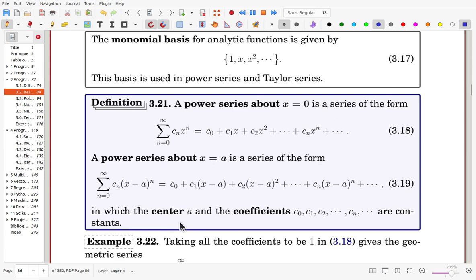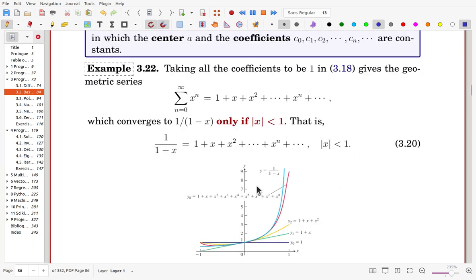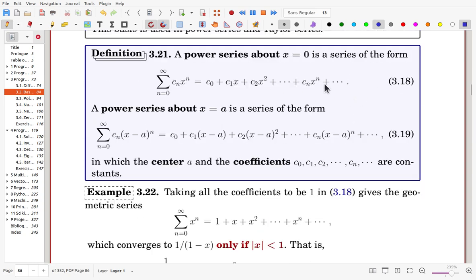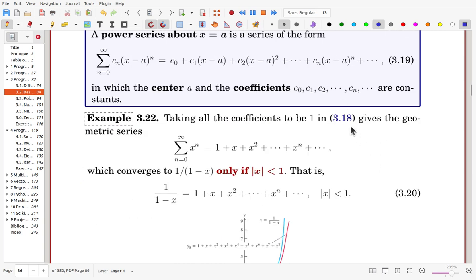In this case, a is the center of the series, and c0 to cn are the coefficients. Okay, that is the definition.